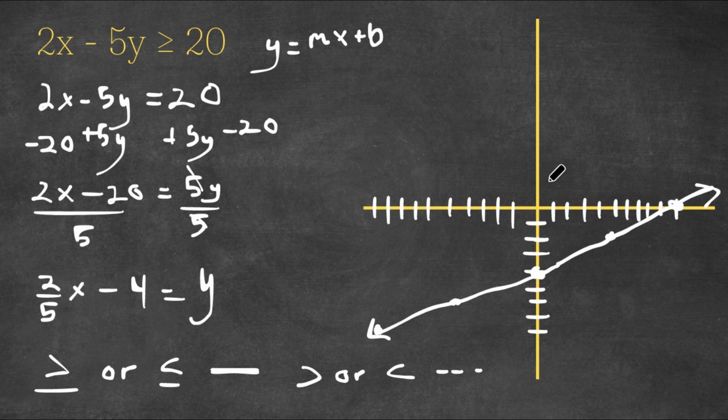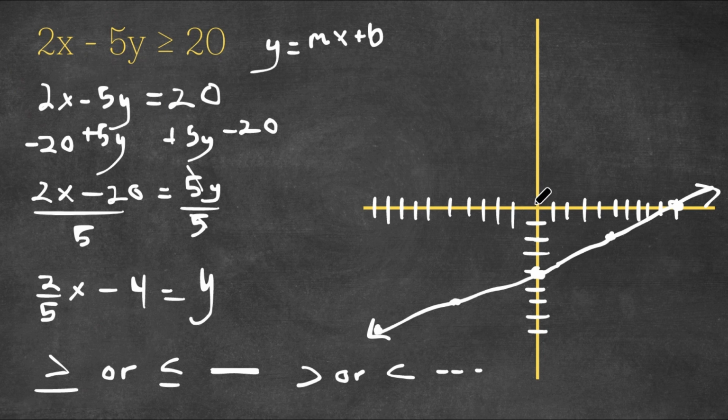If it's true, then that side would be shaded. So for example, I'm going to plug in the origin, 0, 0. If that ends up being true for this inequality, then this side will be shaded. And if it's false, then this side will be shaded. The shaded side means that all the values on that side are true for this inequality.